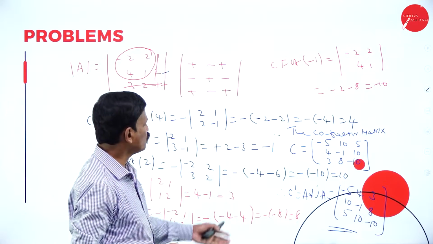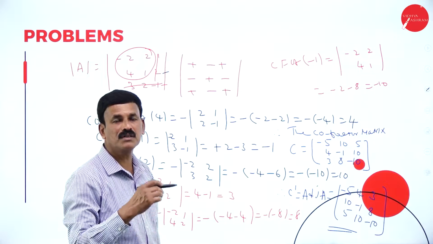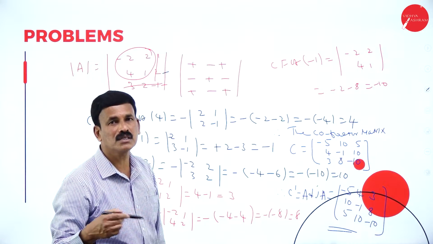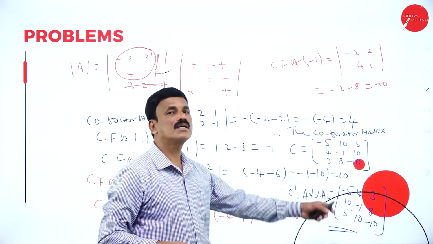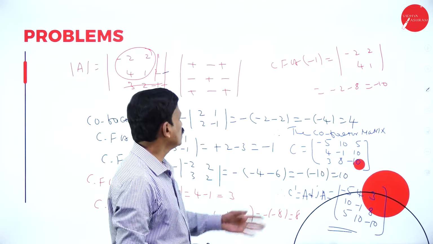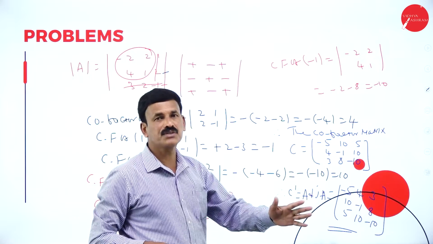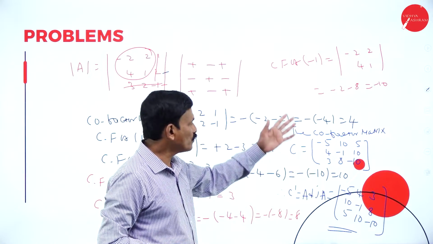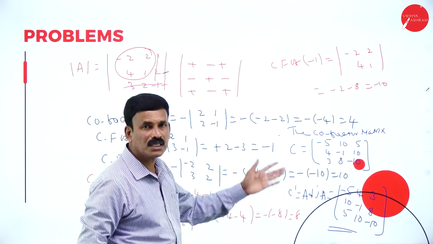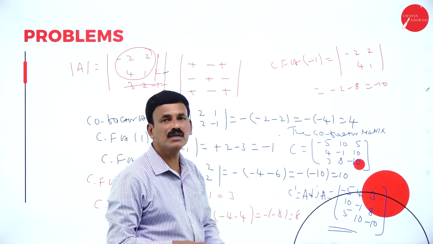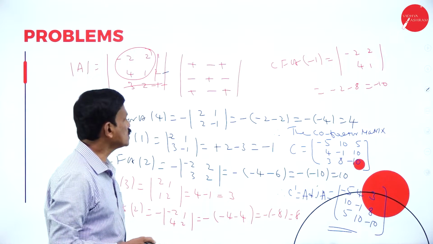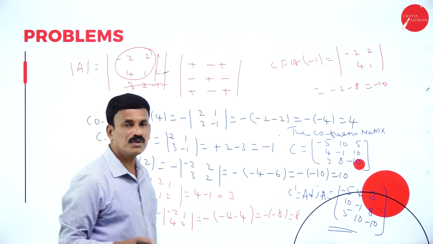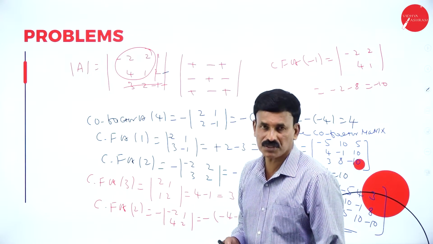Otherwise, straight away you can put the cofactors in the form of first column, second column, third column instead of first row, second row, third row, and you will get the adjoint. Any method. If you put the elements in rows and transpose it, you will get the adjoint. Or if you put the elements in columns, that itself will give the adjoint. So this is how we find the adjoint of a 3 by 3 matrix. Hope you followed. Very, very important problem for 7 or 8 marks.